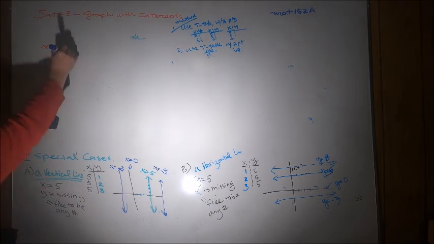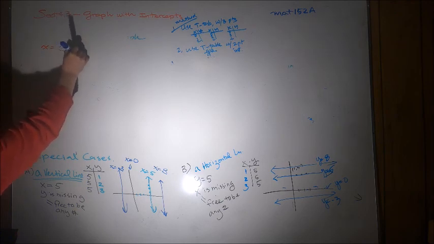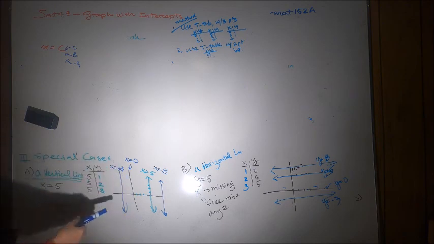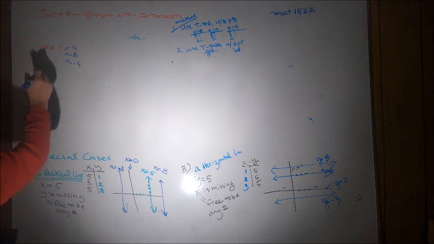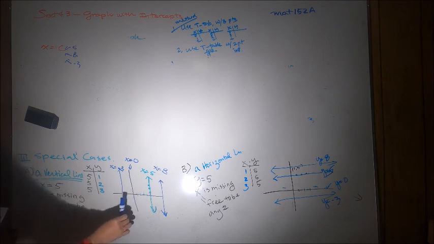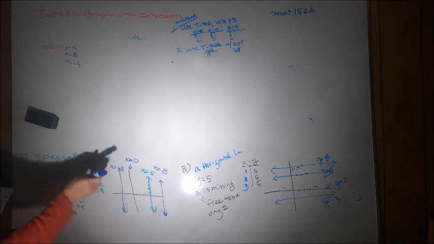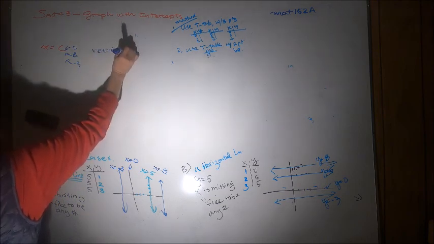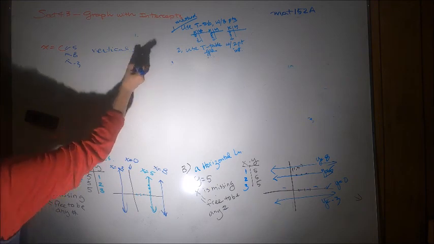Can be 5, can be 8, maybe -3, right? Then what kind of line do we have? We only have x without y. Y is free to go up and down. Then we will have what? A vertical line, right?